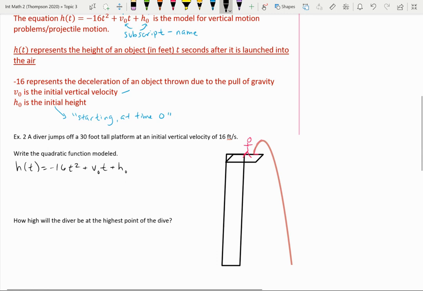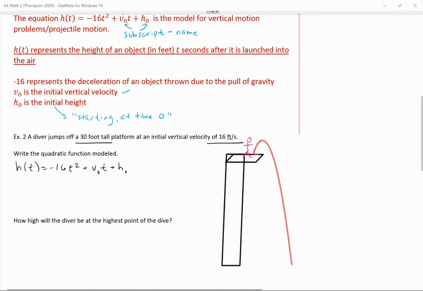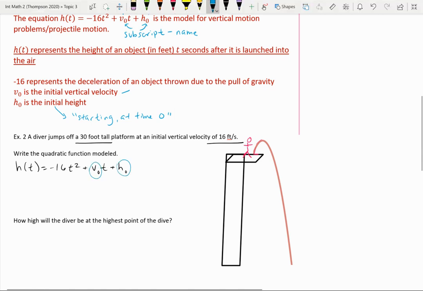And the problem gives me 2 pieces of information. A diver jumps off a 30-foot tall platform with an initial vertical velocity of 16 feet per second. I need to plug something in for v initial and something in for h initial. So which one's which? We're talking about a 30-foot tall platform. That means that at 30 feet, that's his initial height at time 0.